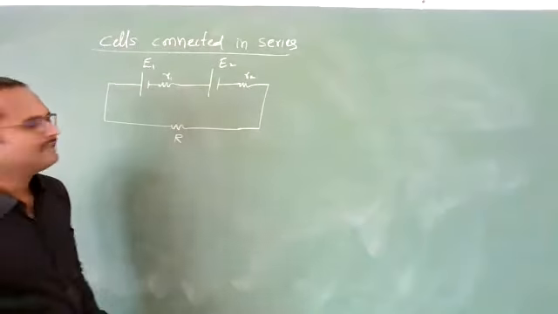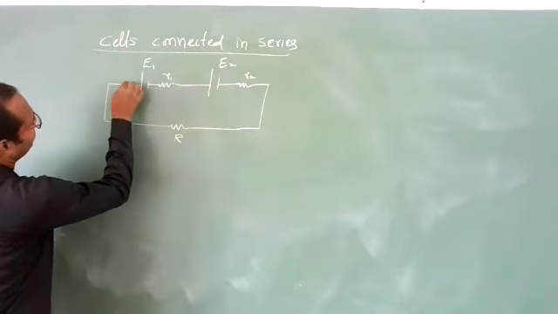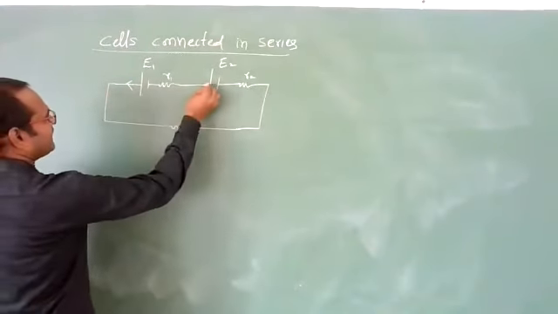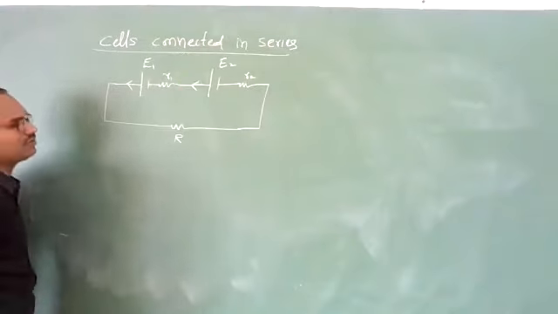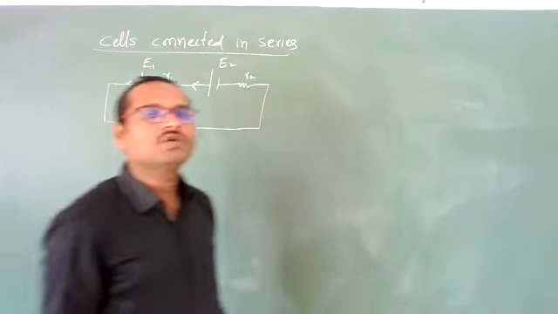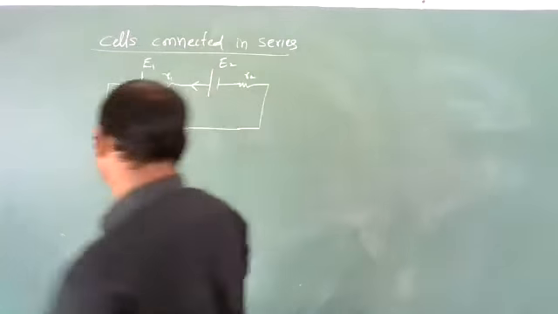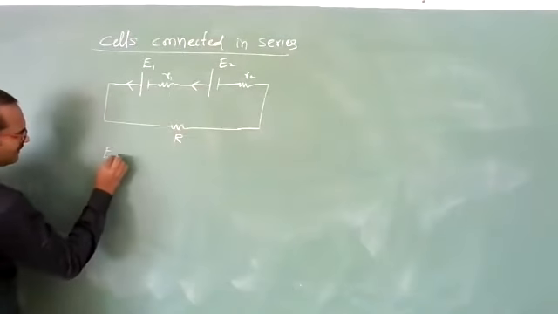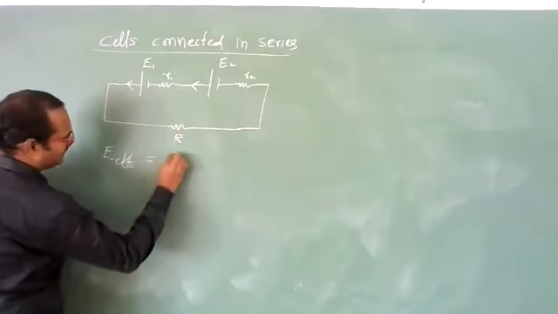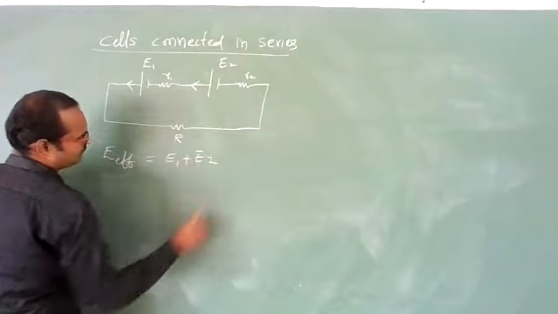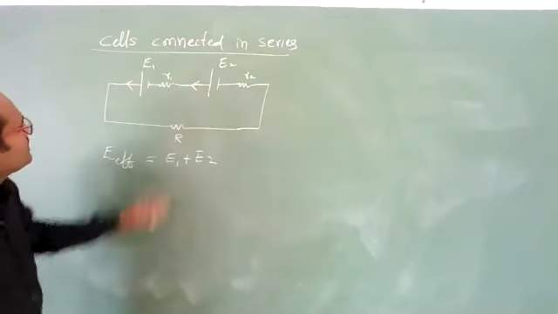Students, one point. This battery will send current in this direction, and this battery also will send current in the same direction. Means the total EMF will add up. So effective EMF, E effective, you can write E1 plus E2. And what about the resistors?